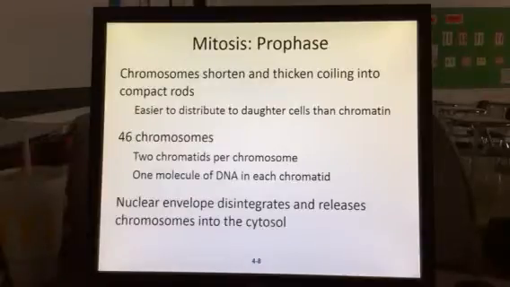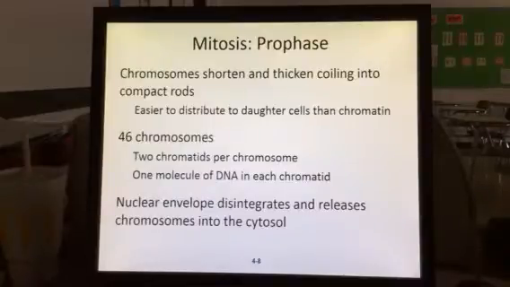Now, we're going to see lots of pictures of chromosomes like an X shape. Really, they're not going to look like that. But you will be able to distinguish one chromosome from another. Instead of looking like a big ball of spaghetti, it's going to look like a big ball of worms. Now, I know you're thinking that is not a big difference, but when you see it under the microscope, you'll be able to tell what I'm talking about. We're going to talk about what we're looking for at each cell stage.